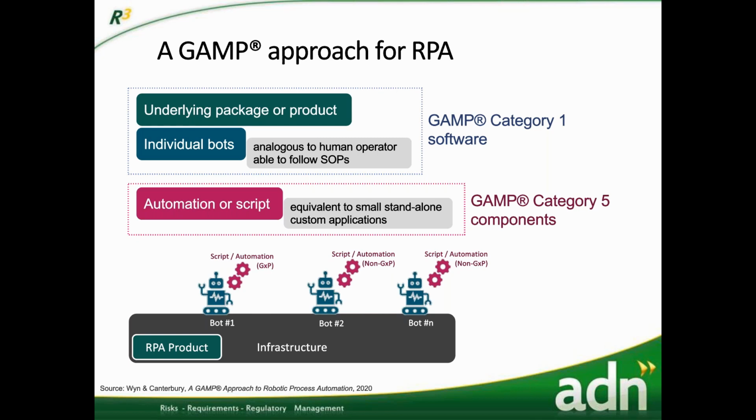They can be classified in different categories regarding the GMP. Individual bots are analogous to human operators that have to follow SOPs, but the scripts we add to make the automation are equivalent to small standalone custom applications. So respectively, these kinds of components fall into GMP category 1 and 5.